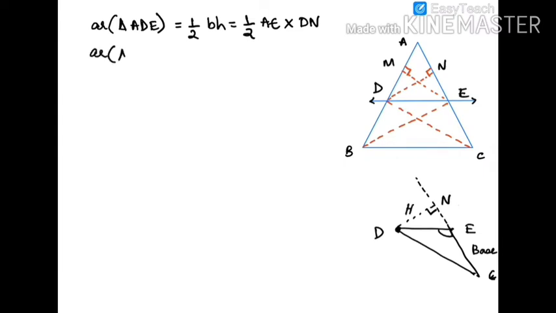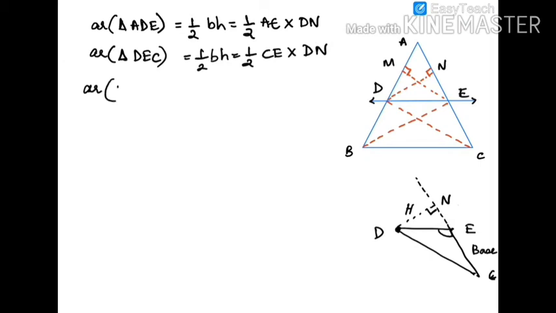So area of triangle DEC will be equal to half base into height, and that is half EC into DN.